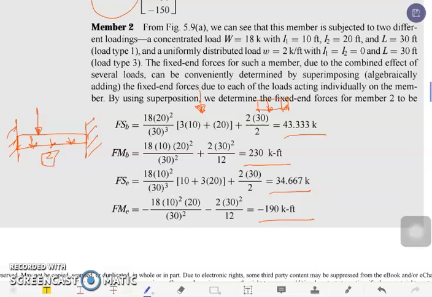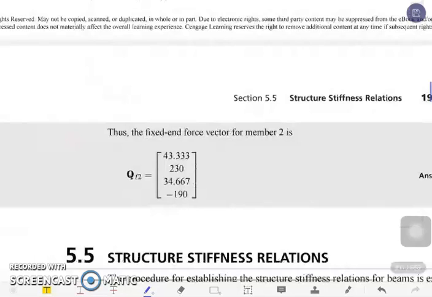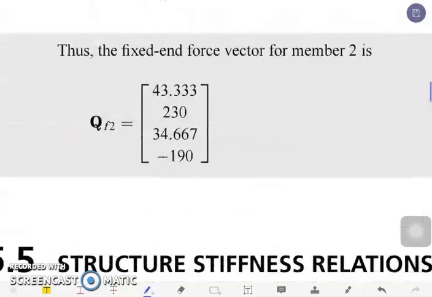So now we have the values for our shear forces and moment forces. If you write that in matrix form, this is the value for our fixed end forces for member 2. You have here F sub S at the beginning of the member, F sub M at the beginning of the member, F sub S at the end of the member, and F sub M at the end of the member.